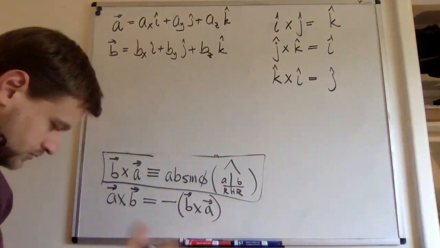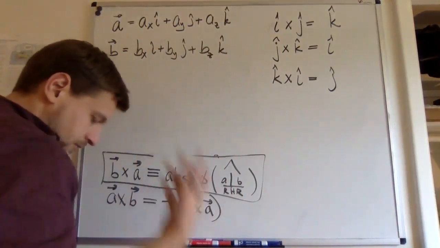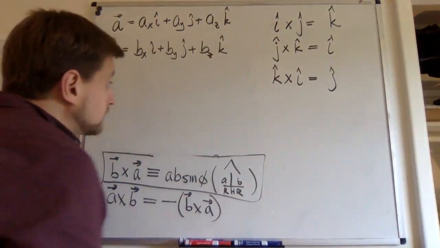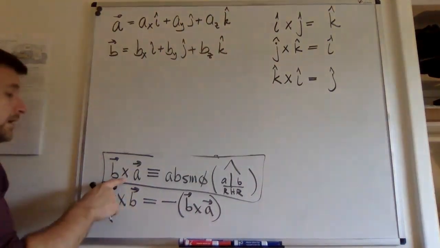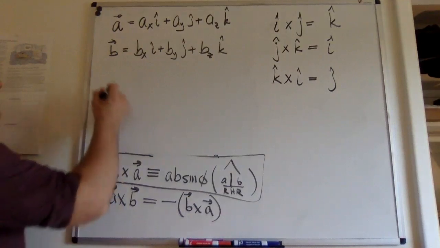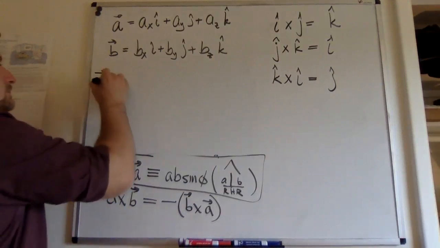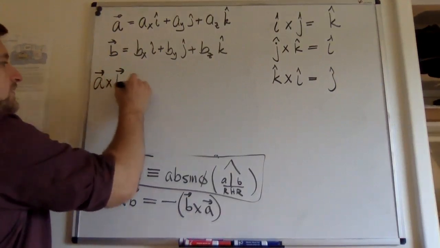Suppose we have two arbitrary three-dimensional vectors, and we want to cross product them together. We want to find the vector product of A crossed into B.